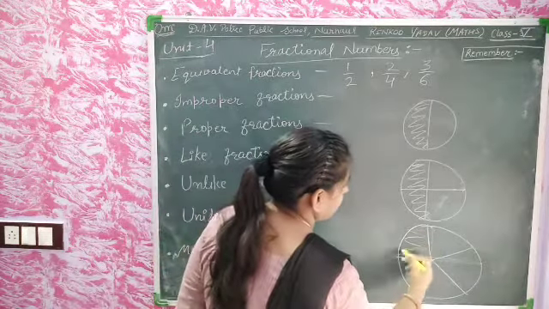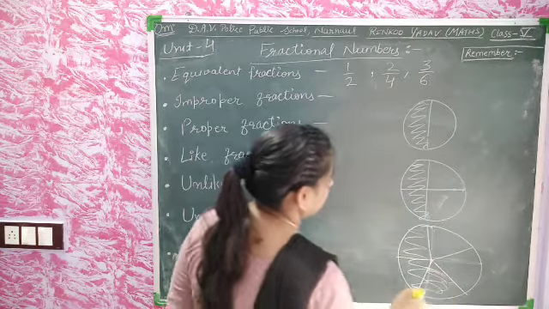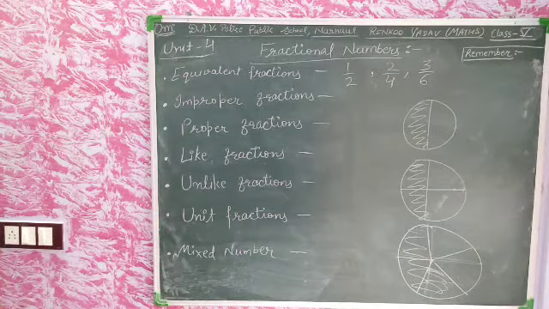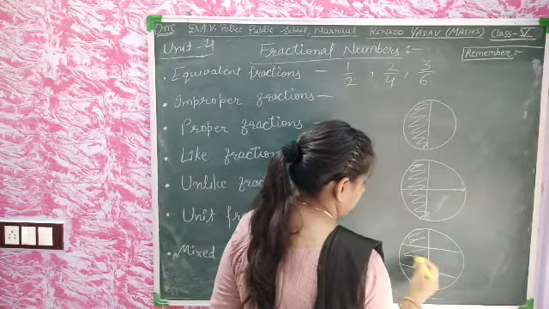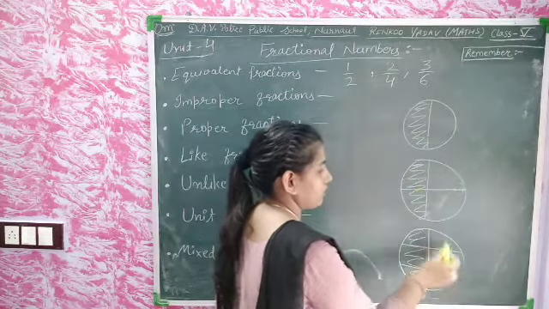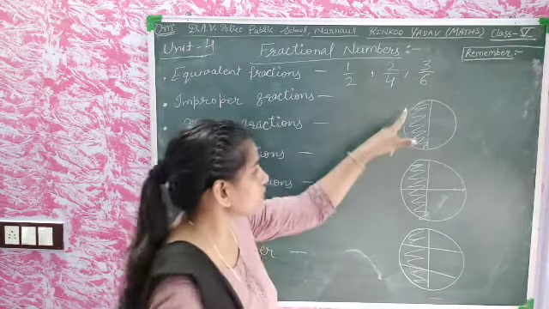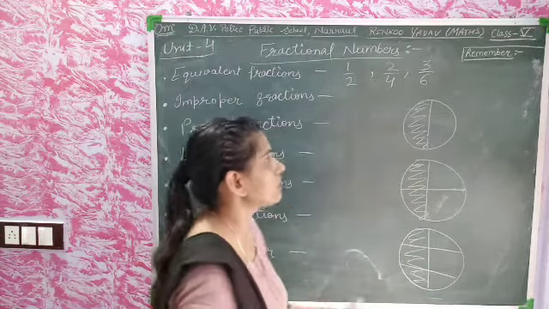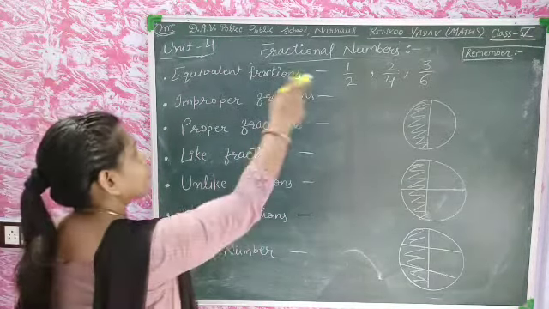This is 1, 2 and 3, and this is also 3 by 6. These are the 3 parts, and these are the 3 parts. Total 6 parts are there, and this is represented as 3 by 6. So students, you are seeing here all these numbers represent the same number. So these are equivalent fractions.